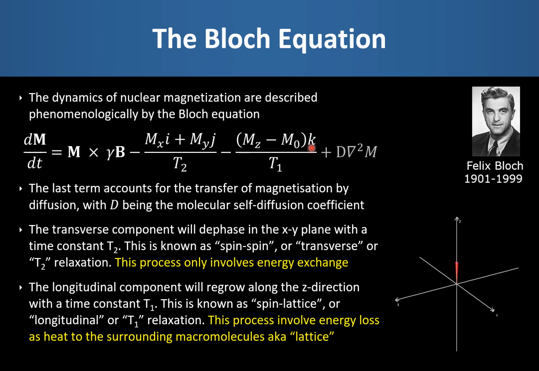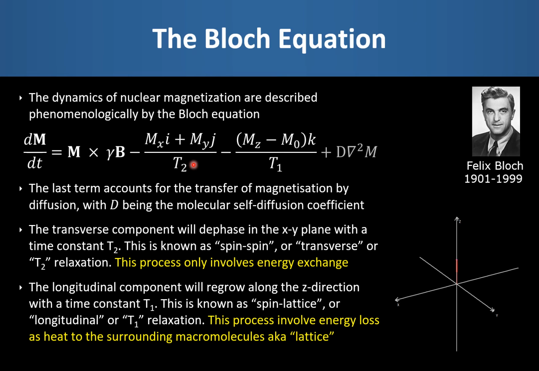Bloch introduced two relaxation times, one to account for the recovery of the longitudinal magnetization back to equilibrium, or M0, known as T1, and one to account for the decay of the transverse magnetization, known as T2. He also assumed that the decay of the transverse magnetization and recovery of the longitudinal magnetization was exponential.